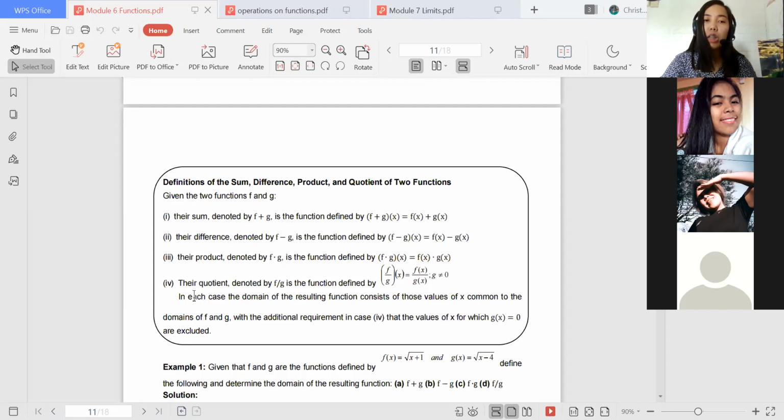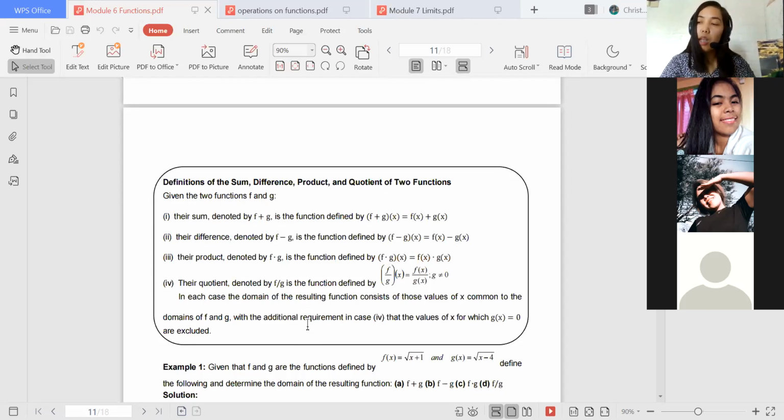And their quotient denoted by f divided by g is the function defined by f over g of x means f of x divided by g of x, where g of x should not be equal to 0. So in each case, the domain of the resulting function consists of those values of x common to the domain of f and g.